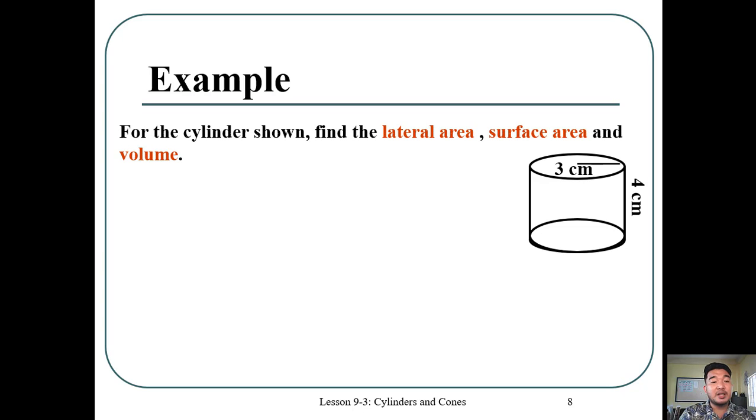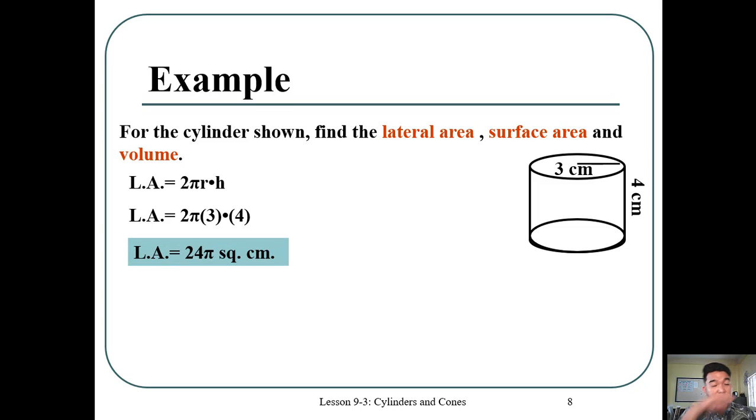Let's have an example. For the cylinder shown, find the lateral area, surface area, and volume. So LA is equal to 2 pi r times h. So you have 2 times 3.14, which is 6.28, times 3 times 4, which is equal to 75.36.